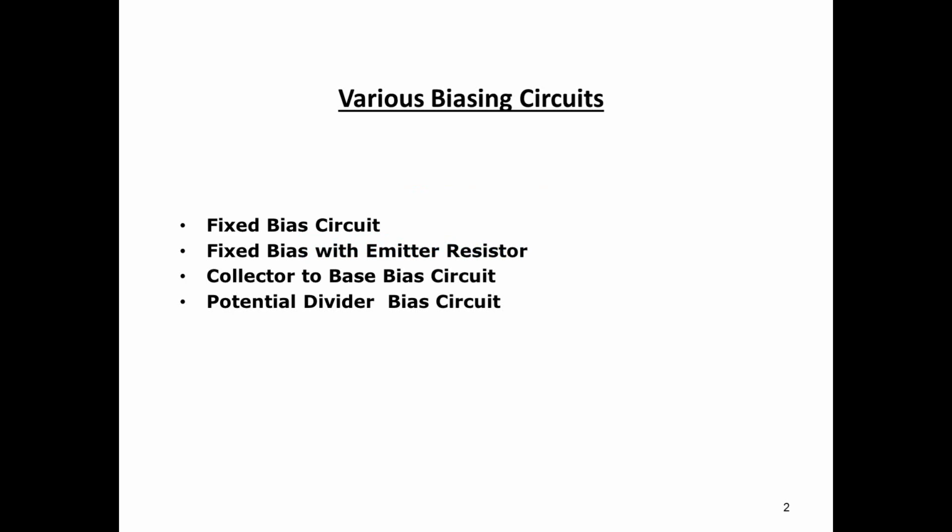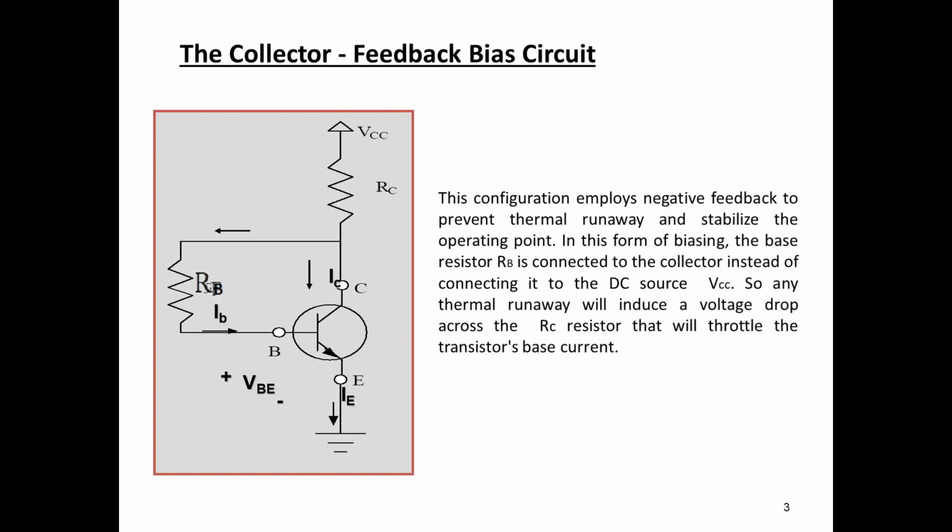Those are fixed bias circuit, fixed bias with emitter resistor, collector to base bias circuit, which is also called collector feedback bias circuit, and potential divider bias circuit, that is a voltage divider bias circuit. Out of which, in today's discussion, we will talk about the collector feedback bias circuit.